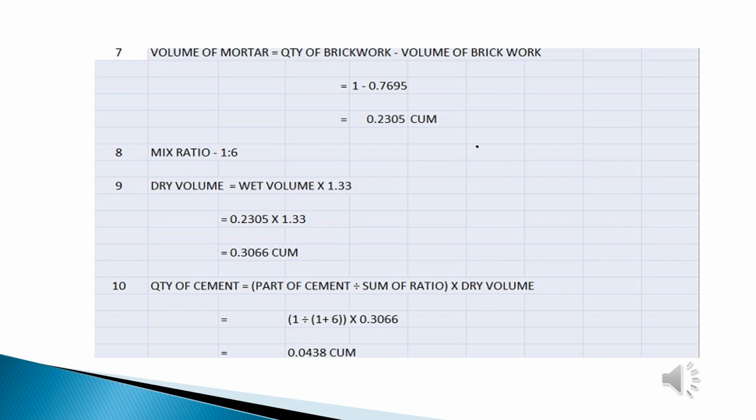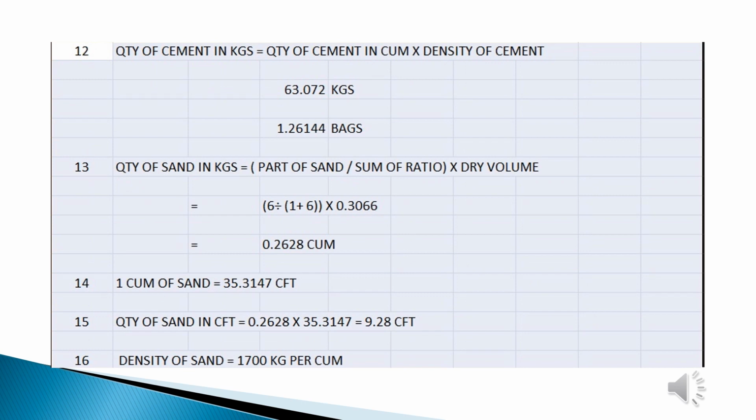In our case, part of cement equals 1, sum of the ratio 1 plus 6 means 7, and dry volume is 0.3066. Putting this value in the formula, we get the quantity of cement as 0.0438 cubic meter.